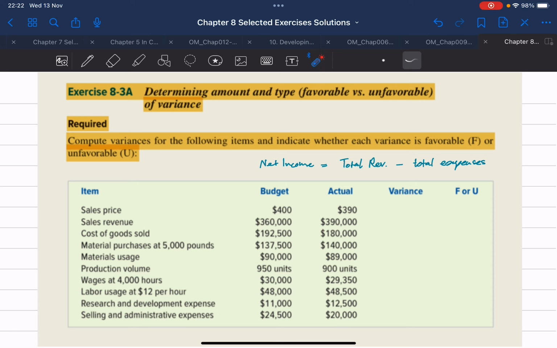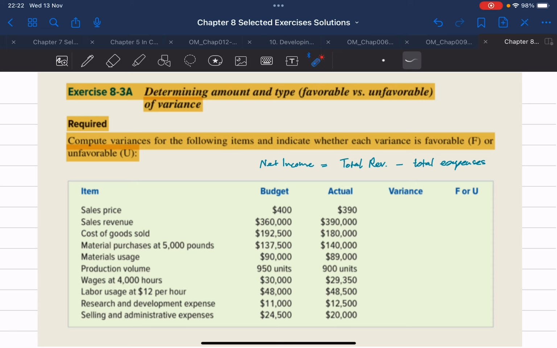For costs and expenses, on the other hand, it's the other way around, okay? So if the actual cost or expense is higher than what was budgeted, then that would decrease our margins and decrease our net income. So it's going to have a negative effect on our net income, and as a result, we're going to denote it as an unfavorable variance.